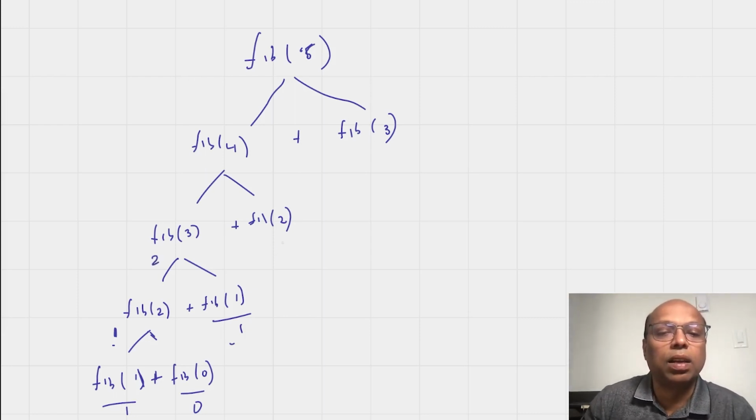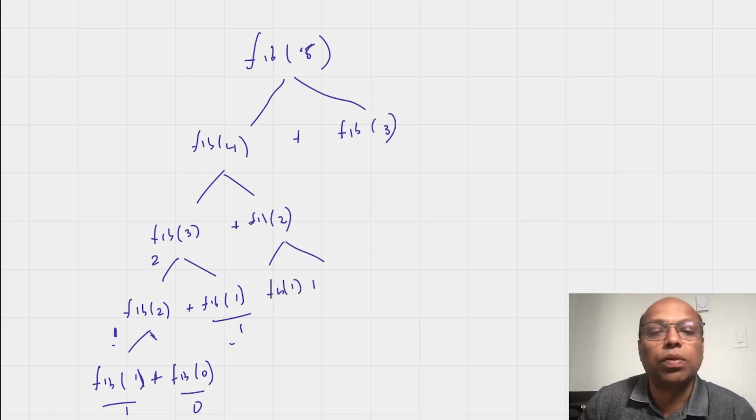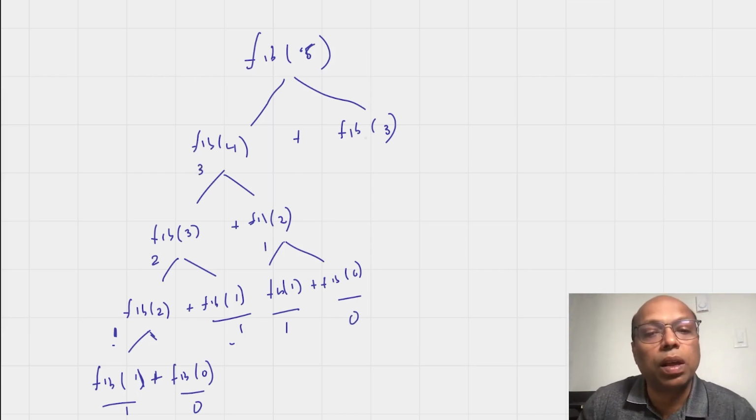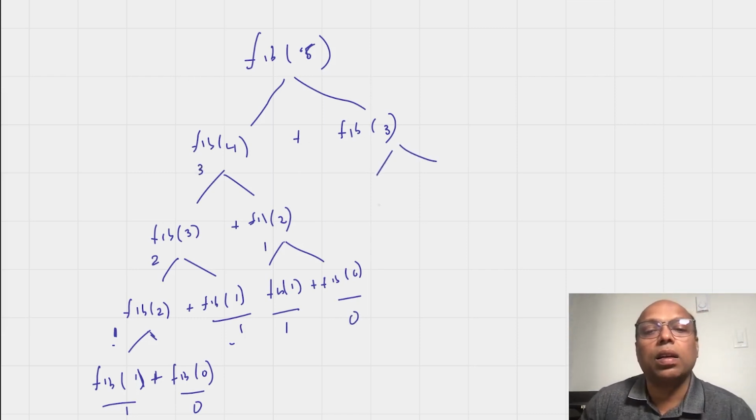Now, how did you get Fibonacci of 2? By adding Fibonacci of 1 plus Fibonacci of 0. Fibonacci of 1 is 1, Fibonacci of 0 is 0, and 1 plus 0 is 1. So now 2 plus 1 gives 3. How did you get Fibonacci of 3? By adding Fibonacci of 2 plus Fibonacci of 1.